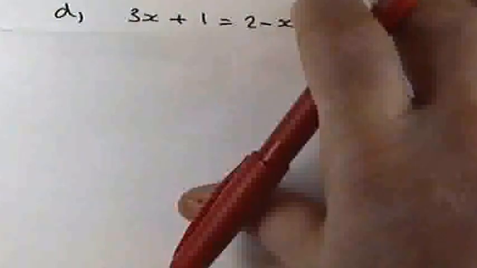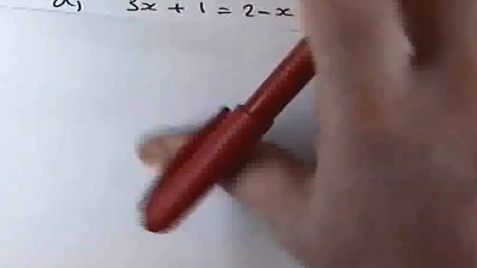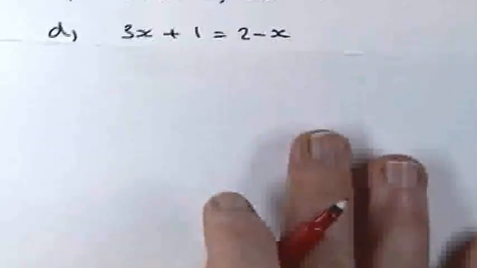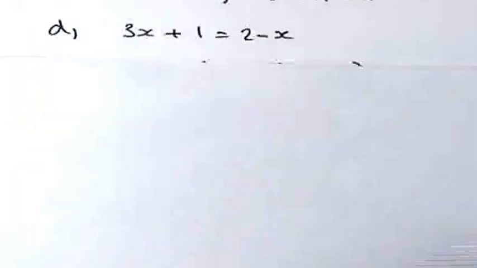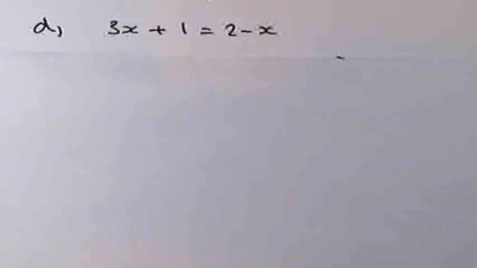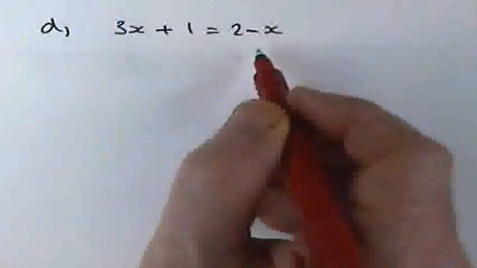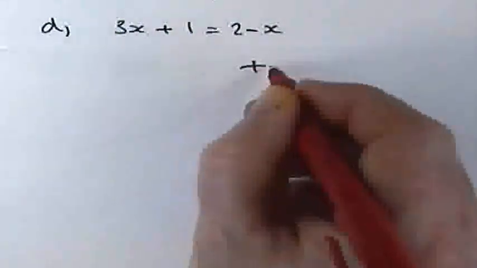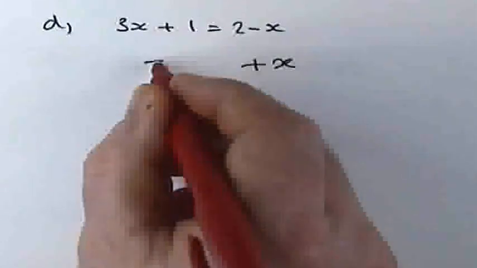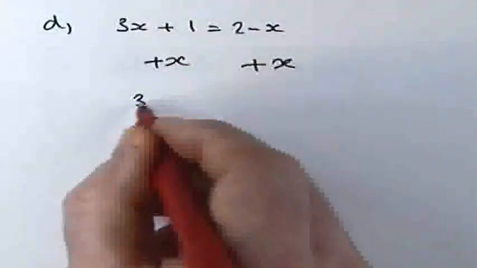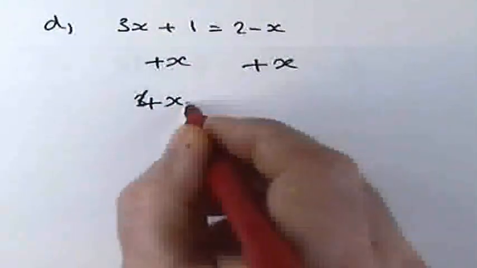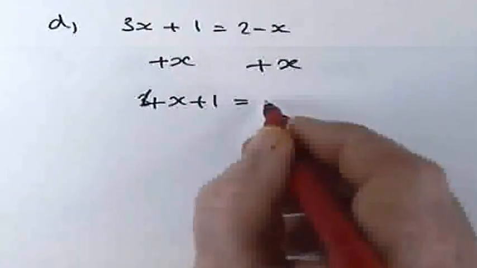Now this is the first one with unknowns on both sides. I've made it slightly more complicated just to make it interesting. We've got a negative x on the right hand side, and we've got 3 x's on the left hand side, so we're going to get rid of the smallest one, which is this negative x. We're going to do that by adding x to both sides. So that gives us 4 x's plus 1 equals 2.